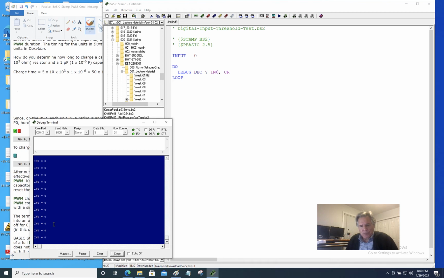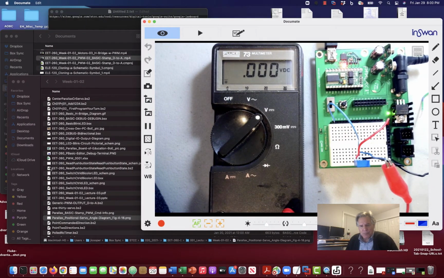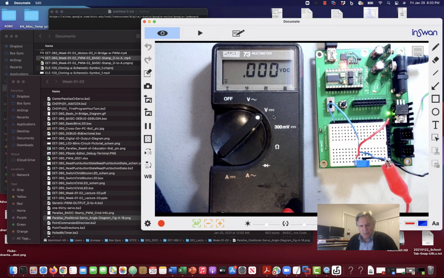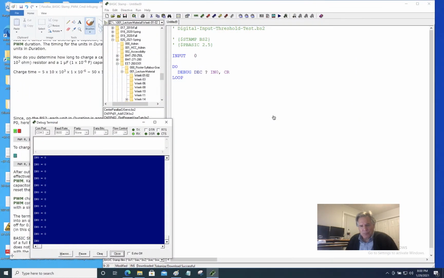And as I go up, my meter is at 0 volts. Now, let's turn this thing upwards, and we'll try to get it to turn to a 1.